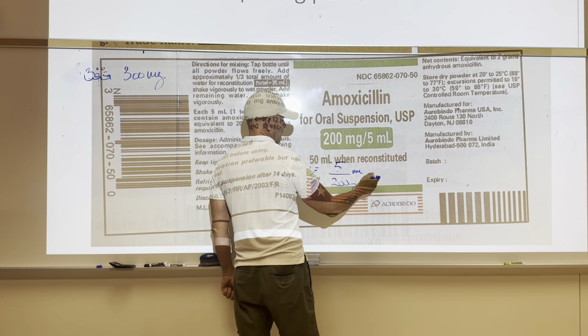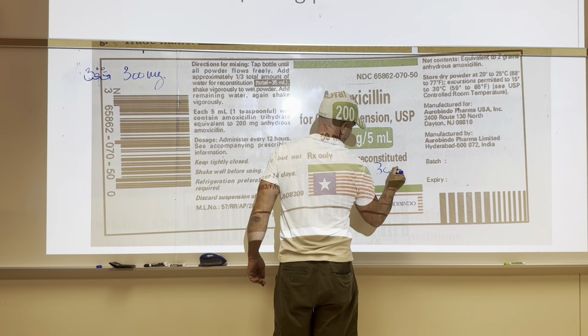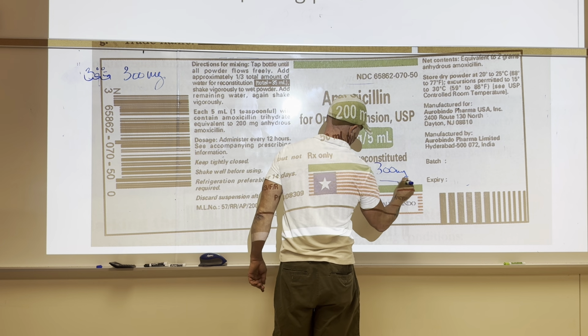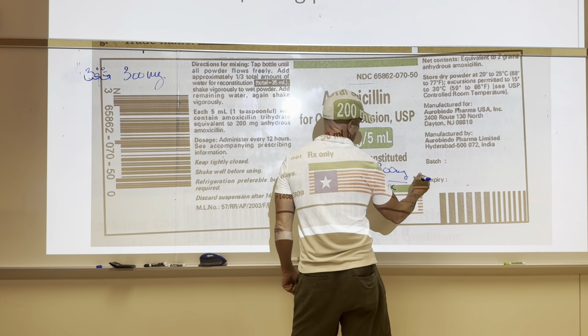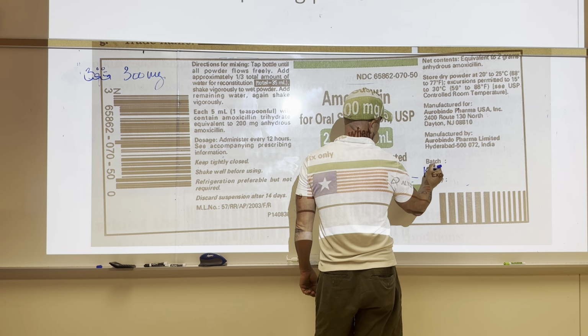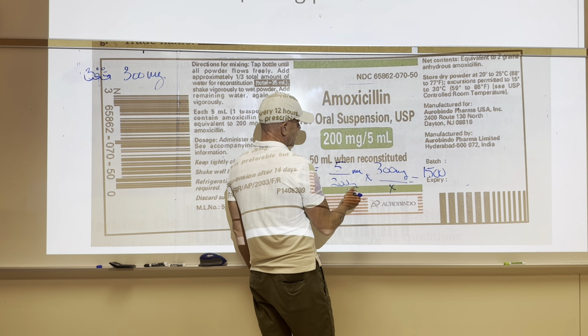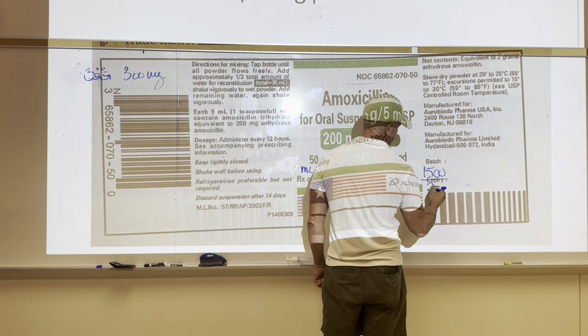200 milligrams times 300 milligrams over X. What is this? 5 times 3 is what? 1,500. Or 5 times 300 is 1,500. Divided by 200.